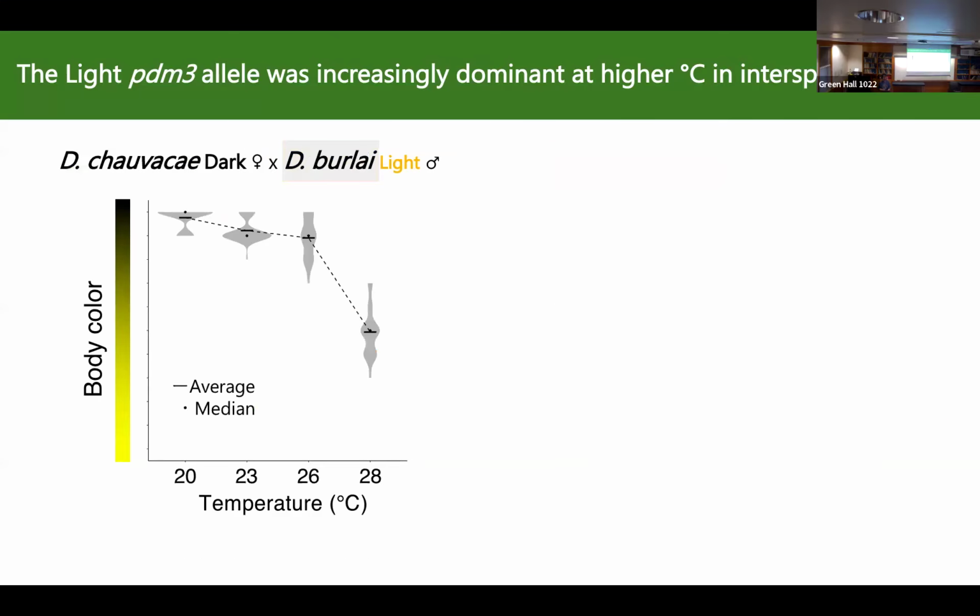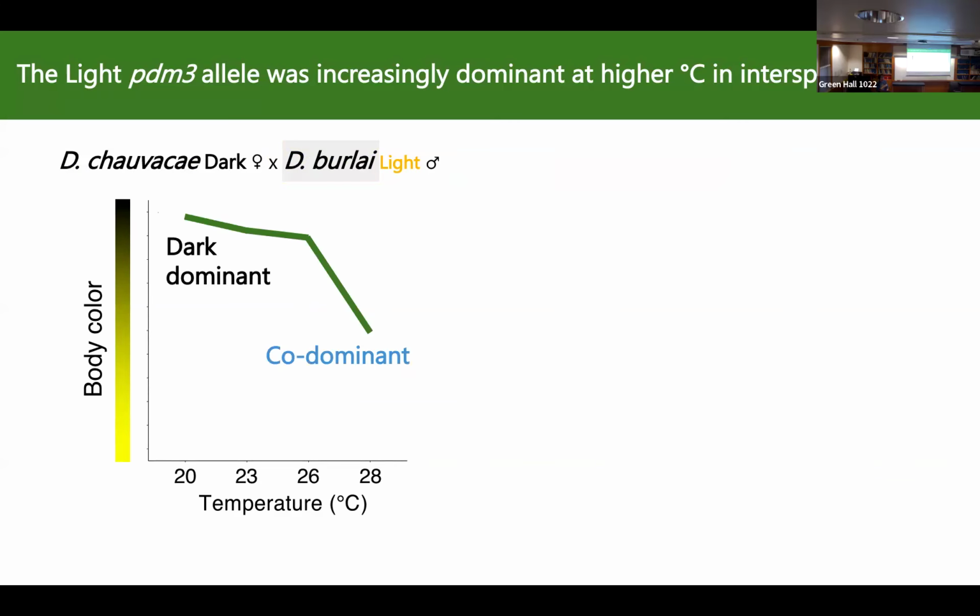On the other hand, when I crossed Shobaka and blue light, the dark dominant species, this is the light strain, they had phenotypic plasticity in the heterozygotes. The dark allele was dominant under lower temperature, but they were co-dominant at the higher temperature.